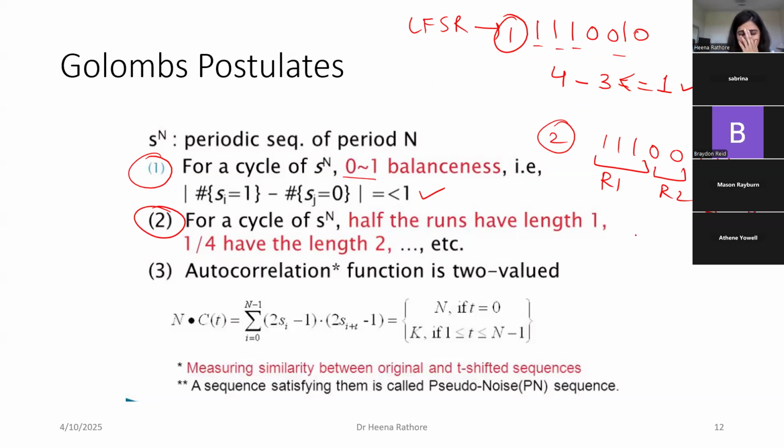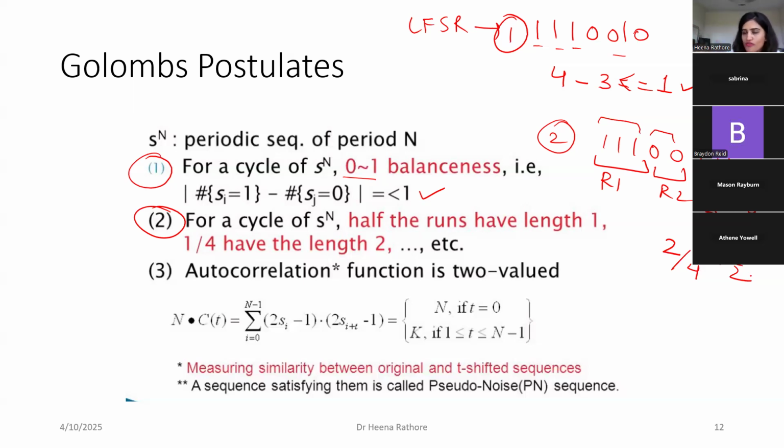The second property basically says that if half of the runs in the random number that you generated have length 1, so the length of runs R3 and R4 is 1, which means we have 2 runs out of 4 runs. So 2 by 4, which means 1 by 2. Half the runs have length 1, which means this property is satisfied.